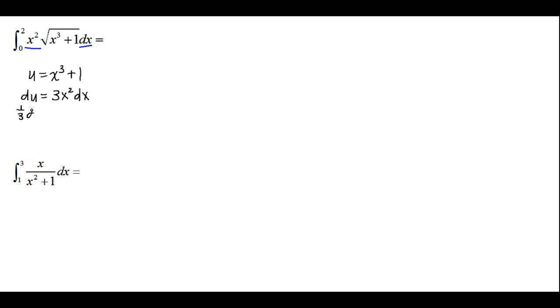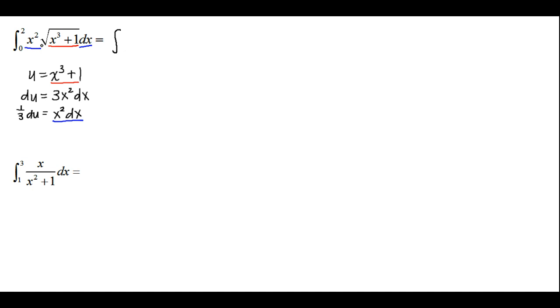So we're going to have 1/3 du equals x squared dx. So that's exactly what I'm going to need to replace up here, is the x squared dx, and then I have exactly x cubed plus 1 that I can replace with my u. So all of that looks exactly the same. All of that looks great. So in fact, let's go ahead and start filling some stuff in here.